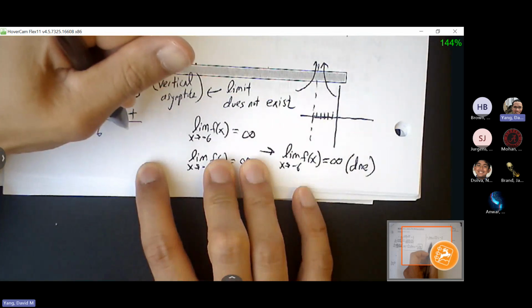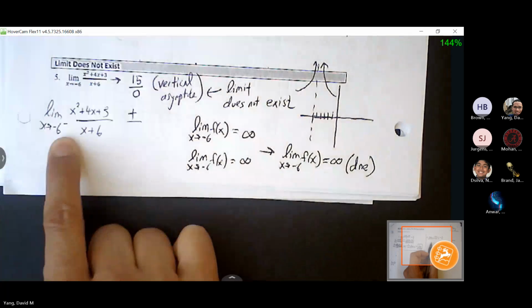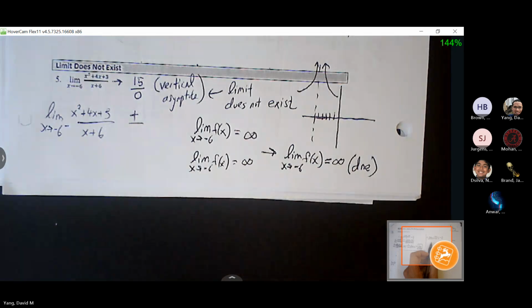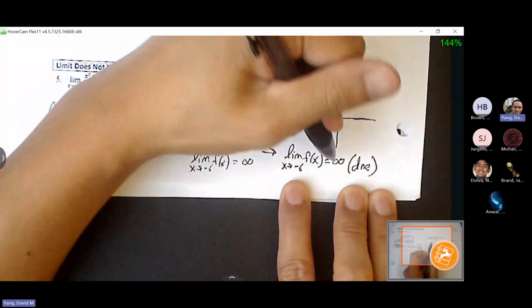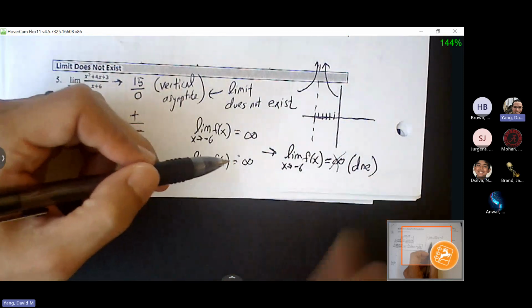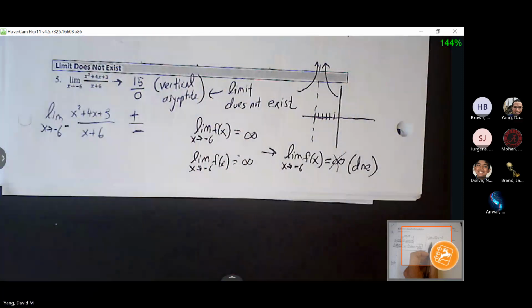Denominator is -6.1. Yes, so infinity. You're right. It wouldn't even be a subcategory. If these are different, then we will leave it as does not exist. Yeah, sorry about that. They're interchangeable. Yeah.